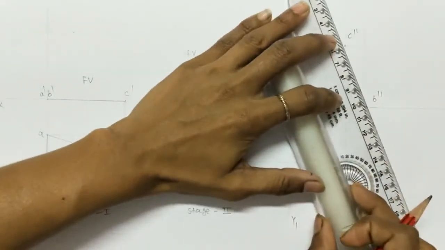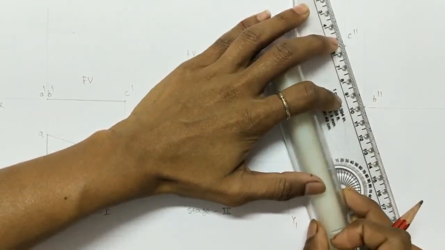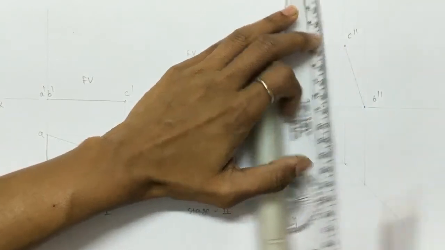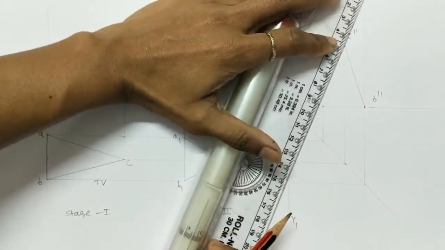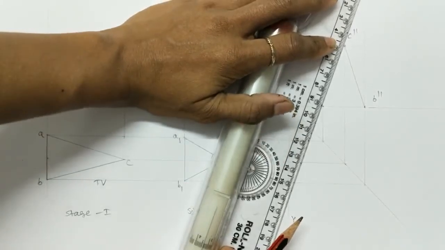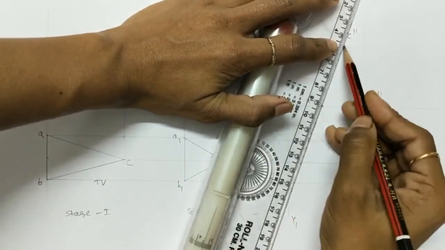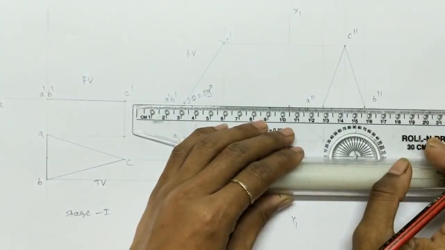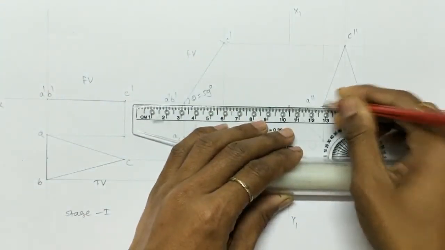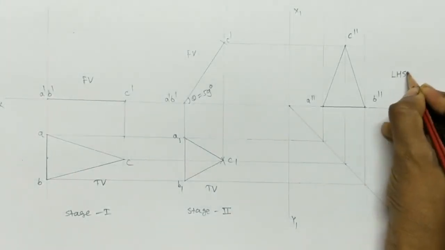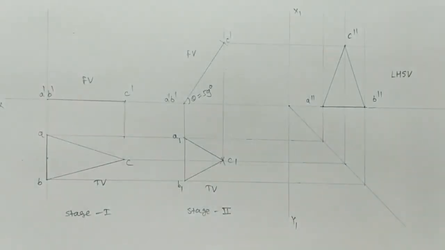Now join all these A dash, B dash and A double dash, B double dash and C double dash points. So you will get the side view, which is a left hand side view.